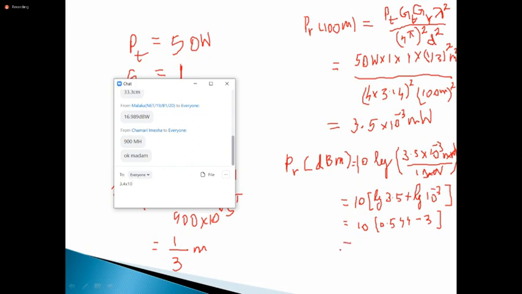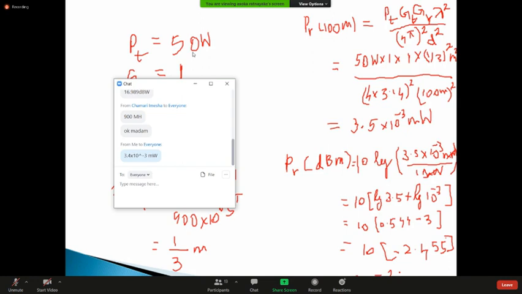Minus 2.455, right? So the answer in dBm is minus 24.55 dBm, right?